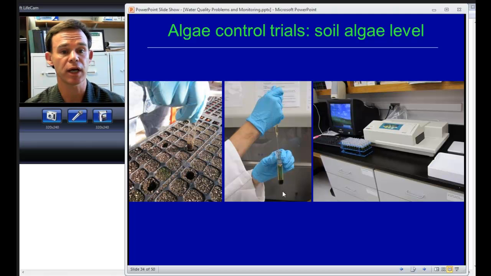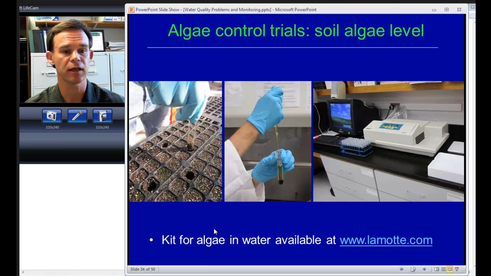We do an extraction, and Gavin Mohammed Poor and my team tend to do the lab side of things. They extract the green solution here with a solvent, and then they put it into a spectrophotometer and measure how green that solution is. And that's an indication of how much chlorophyll and how much algae there are.